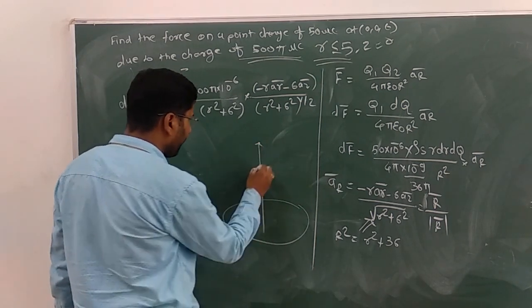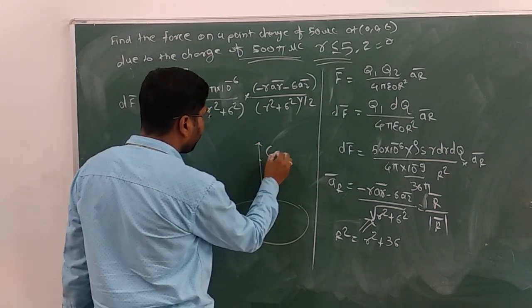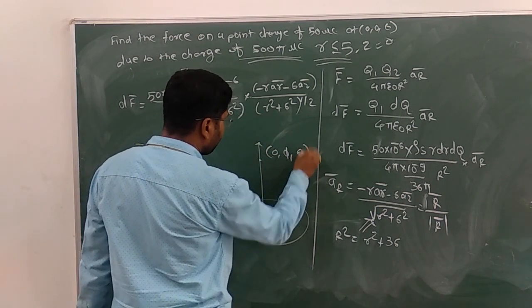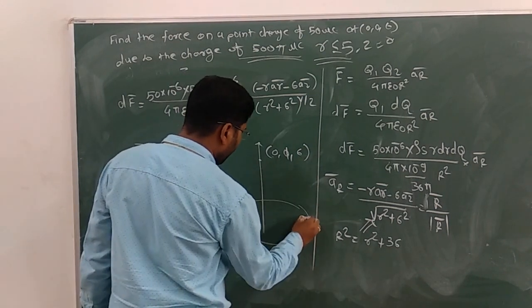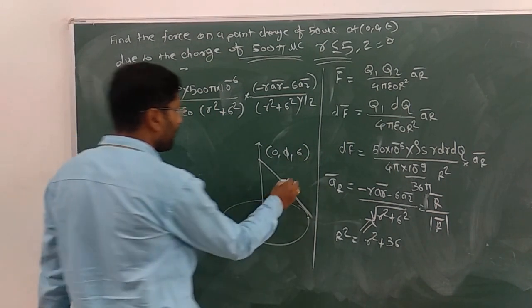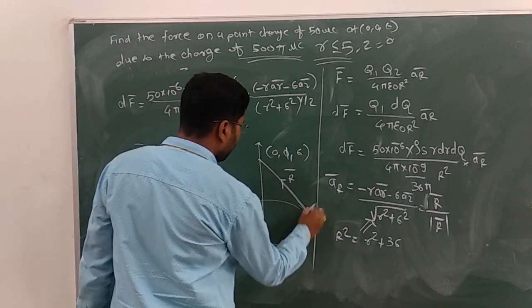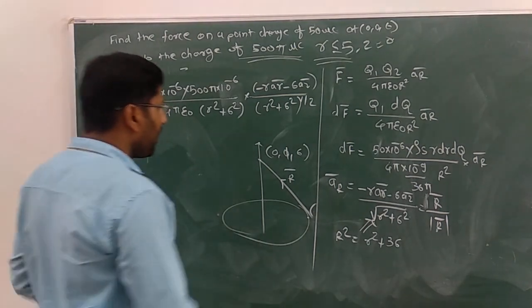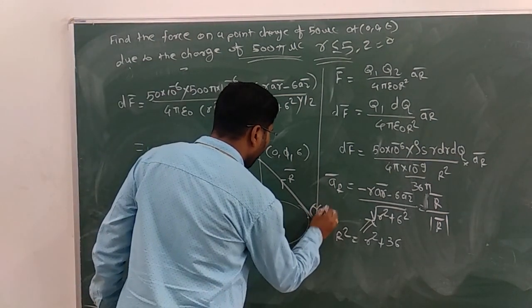And I am drawing it again. This is your point 0, 5 and 6. And this is your point R bar, that is R, 5 and 0.